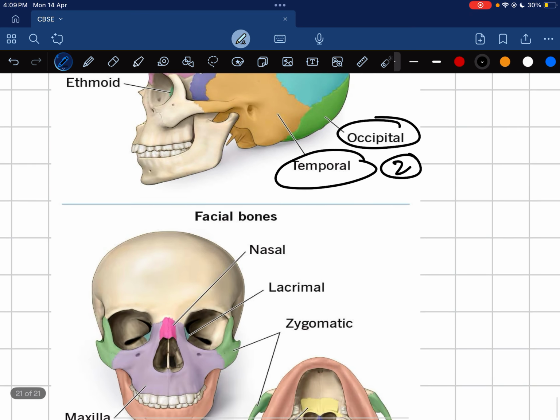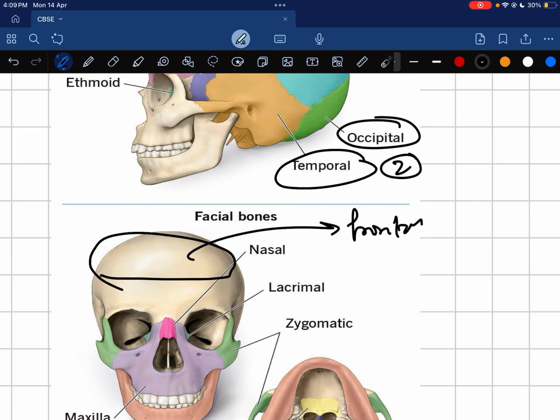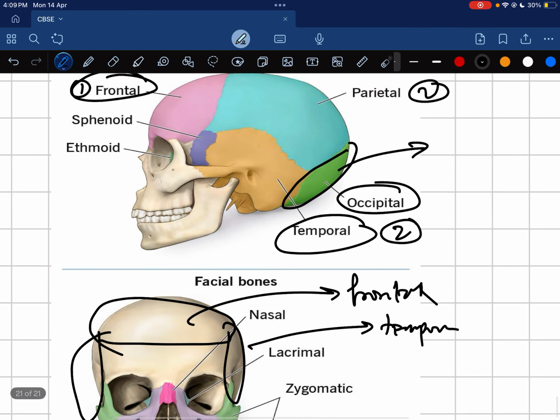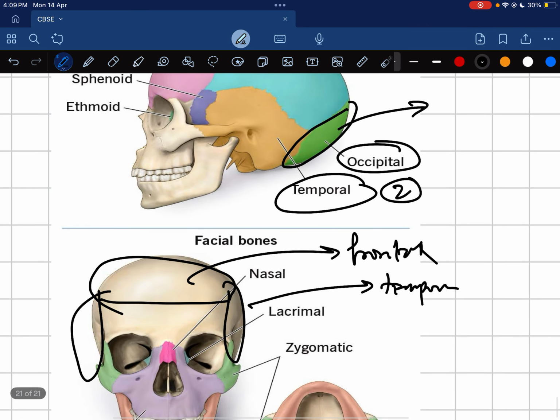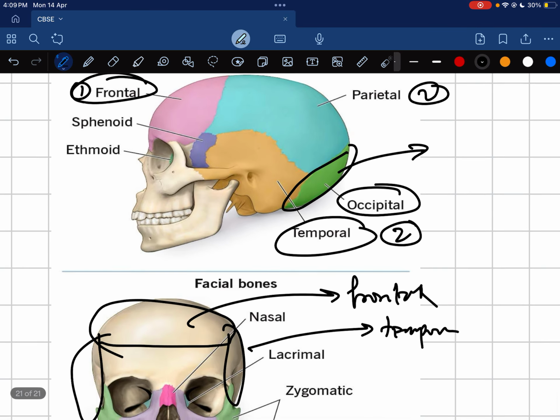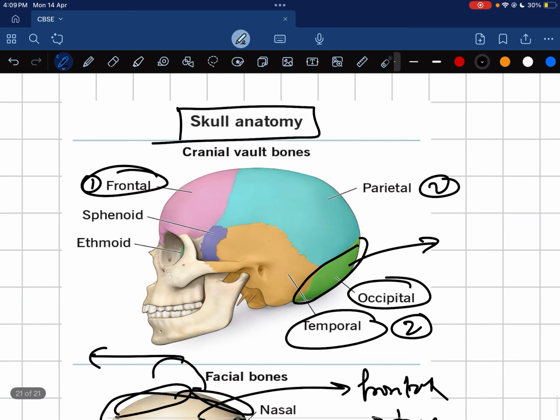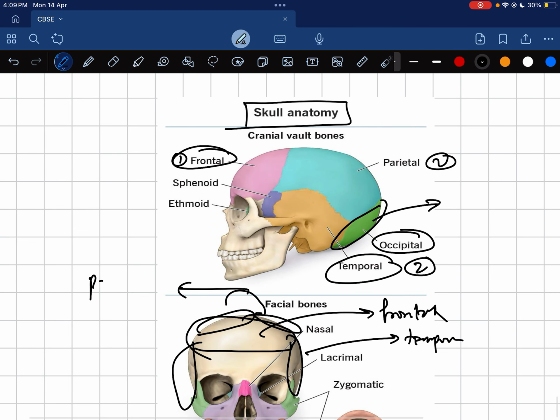When we look at this region, this is the frontal, this is temporal, and when we look from the backside, this is called occipital. And on the top side there are two parietal bones.